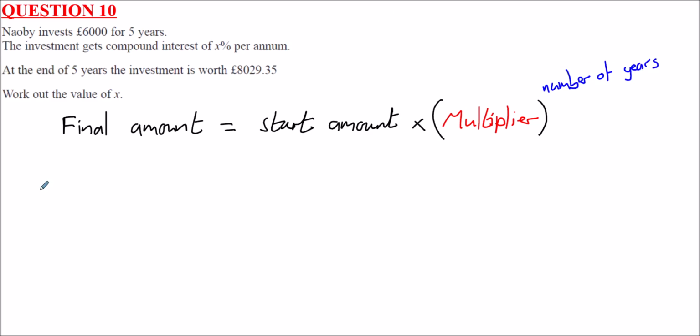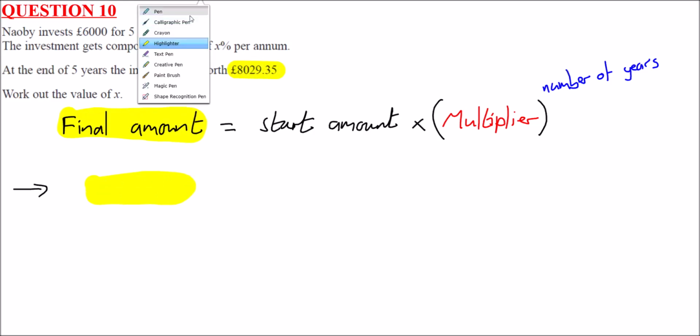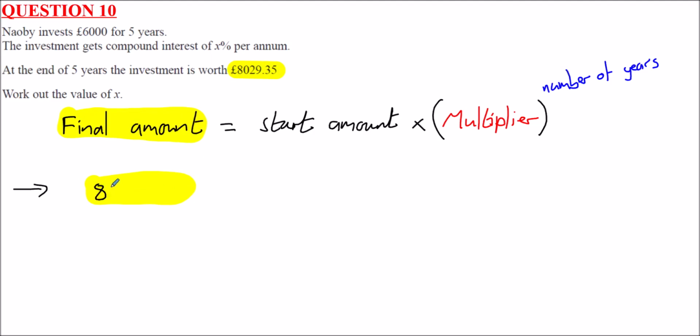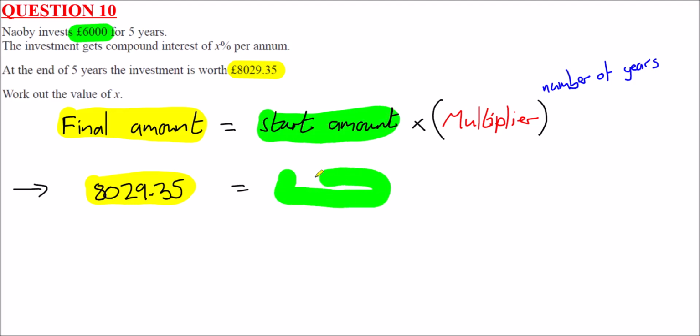So what we've got here, we're told what the final amount is. The final amount, we're told, is £8,029.35. We're told what it starts at as well. She puts £6,000 in to begin with. So the start amount is 6,000.